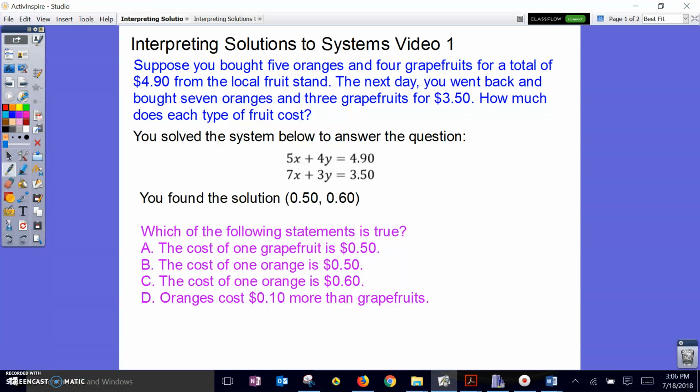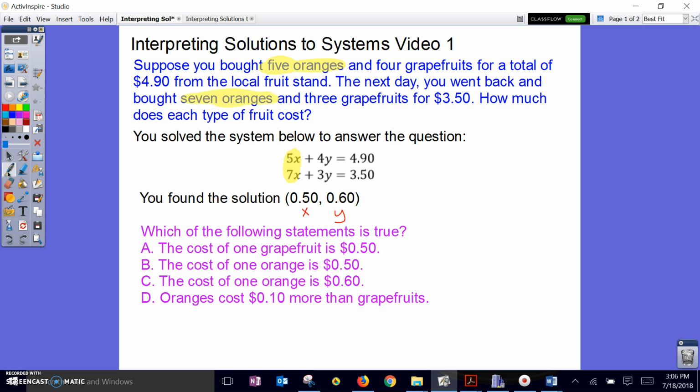So in order to answer this question here, we have to figure out which of these, we know this is an ordered pair, x, y. So the question is, which variable stands for x and which variable stands for y? And so we compare. We've got 5x and 7x in our two equations. Those correspond to the 5 oranges and 7 oranges that we bought.